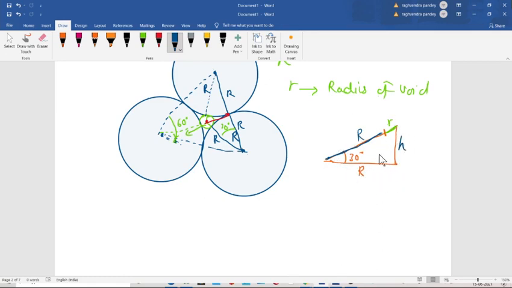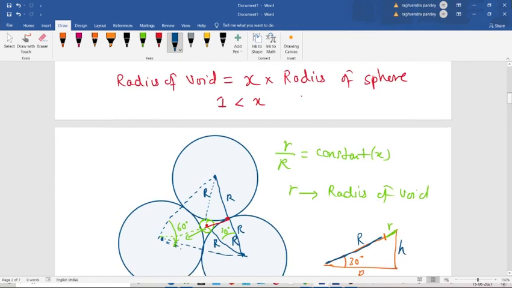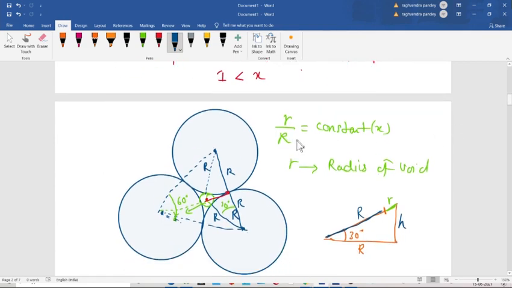So in this, what is the ratio? You have the basic math in the 9-10, so everybody can calculate. What is the ratio of small r upon capital R? Everybody can calculate that.